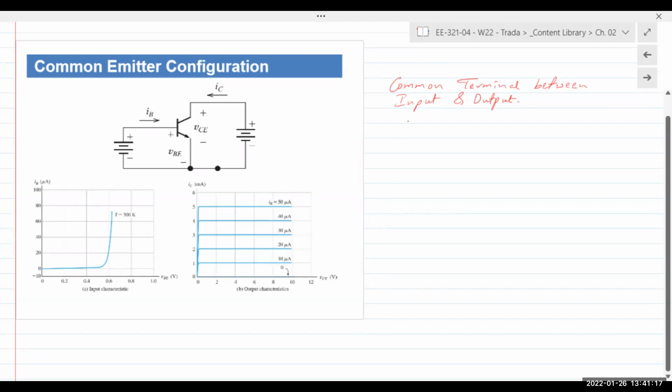So here, the base emitter junction is the input and the collector emitter junction is the output. The emitter is common to both the input as well as the output, hence common emitter configuration.